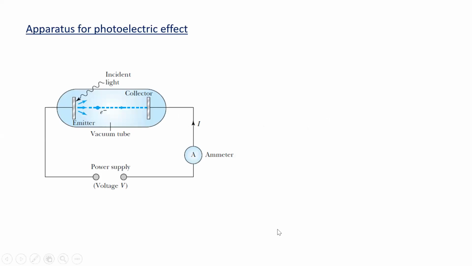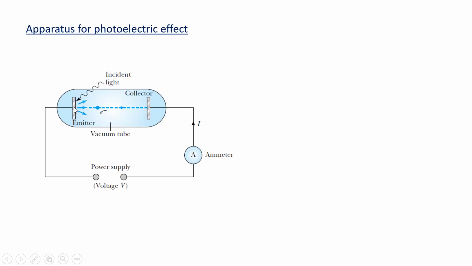So, the apparatus for the photoelectric effect is shown here. We have a vacuum tube, and inside there's an emitter, which is usually made of some kind of metal, and we shine light, that is electromagnetic radiation, on that emitter.